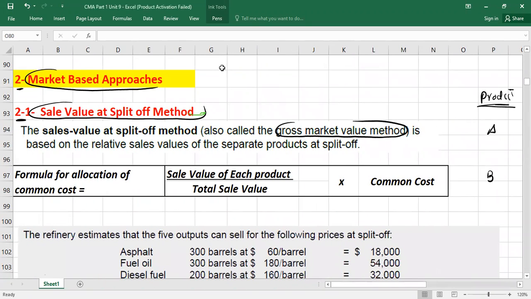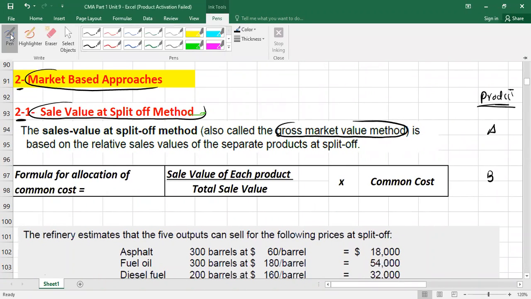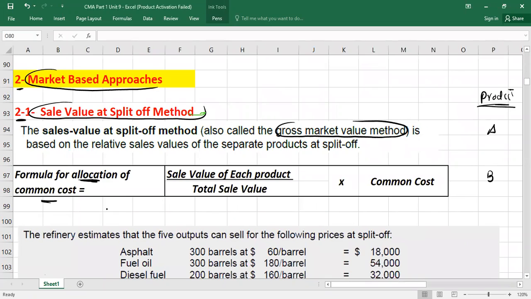What we have done here is apply this formula to allocate the common cost: the sale value of each product at split-off point, divided by the total sale value, multiplied by the common cost. Understood? Great.